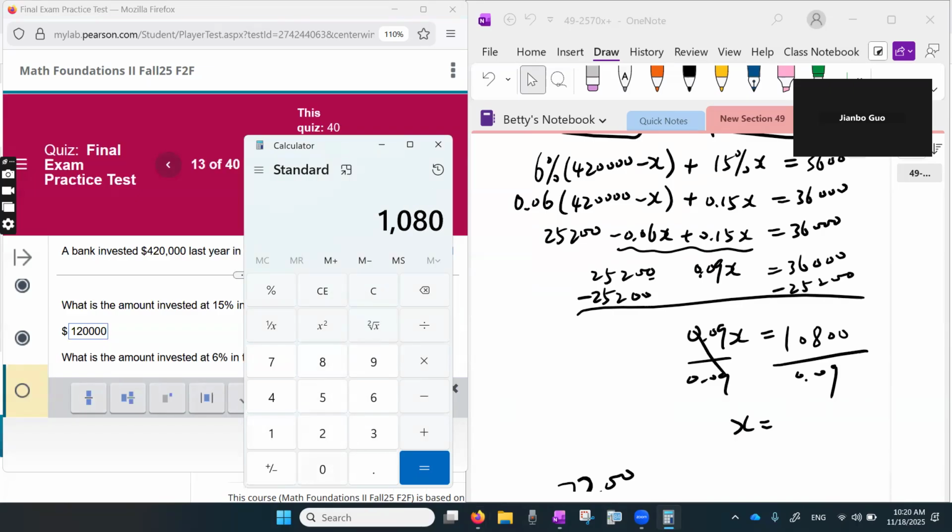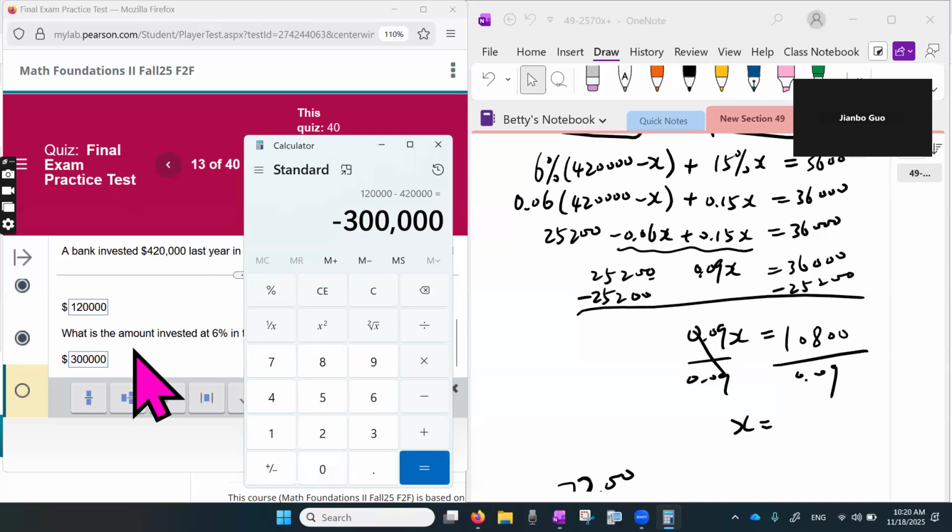10,800 divided by 0.09 is 120,000, minus 420,000 gives 300,000. Oh, I understand what's going on. 300,000 is the money put in the first box.